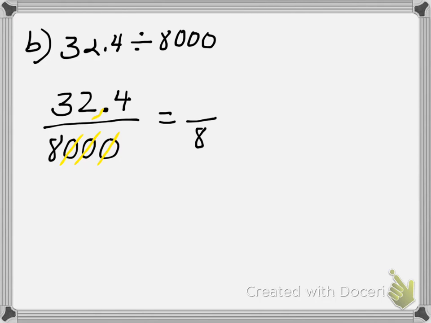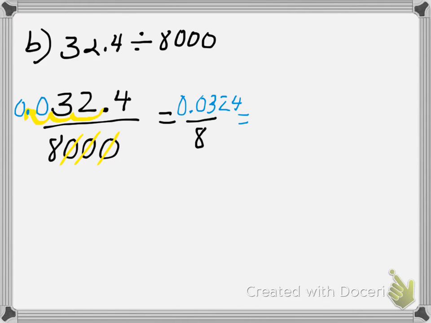To divide the numerator by 1,000, we're going to move our decimal point 3 places because 1,000 has 3 zeros. We're going to go ahead and put a 0 here and our new decimal point. So we have 0.0324.